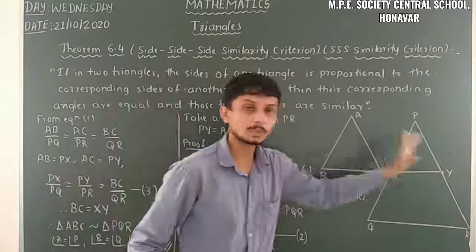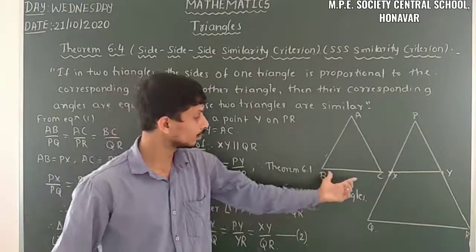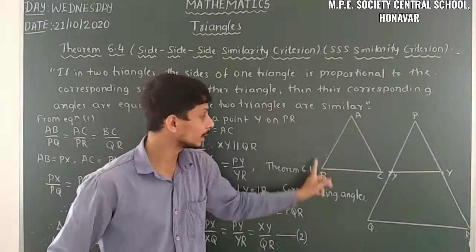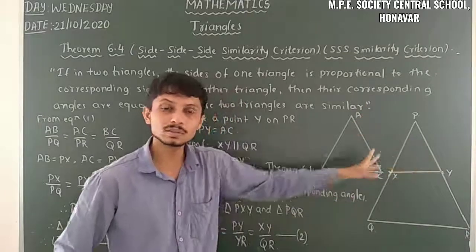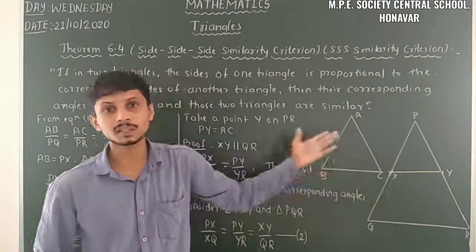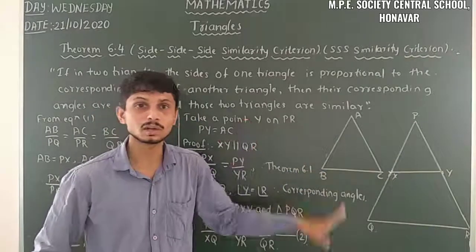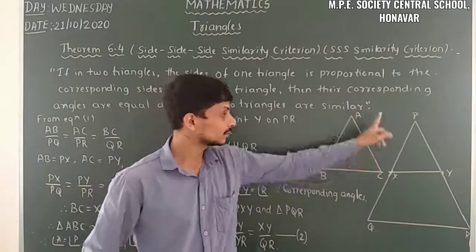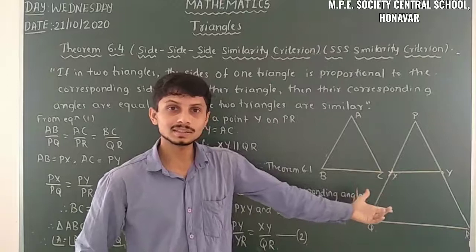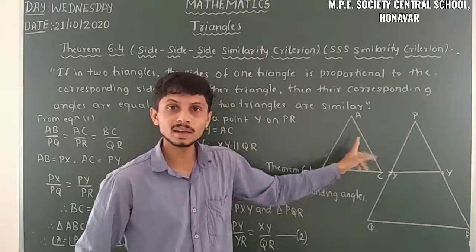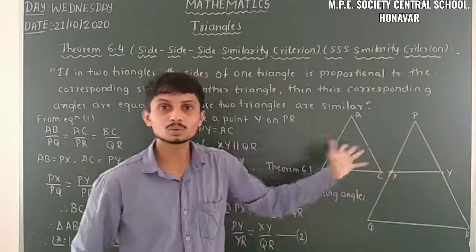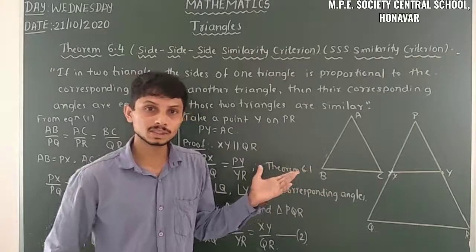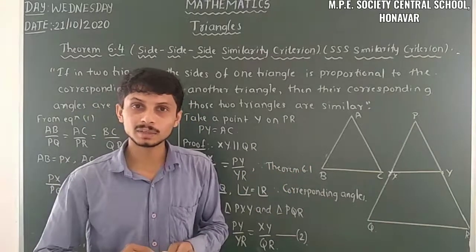When we equate BC is equal to XY, triangle ABC is equal to triangle PXY, since the corresponding sides are proportional and equal. So then we can easily take this triangle and this triangle, those two are similar. This is the proof of theorem 6.4, or the SSS similarity criterion.